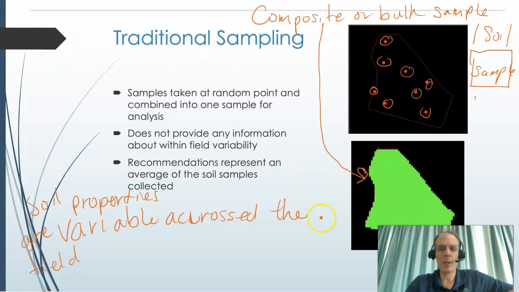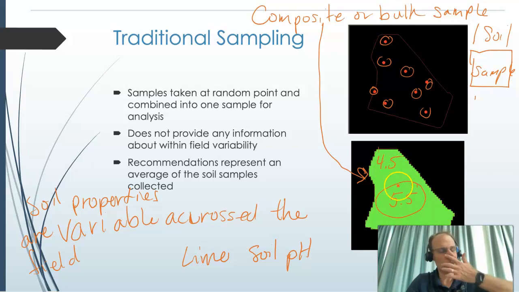For example, let's talk about lime and soil pH. In reality, this area of the field could have a pH of 4.5, this area might have a pH of 6.5, and this in the middle of the field is a pH of 5.5. The average pH is 5.5 for the field.